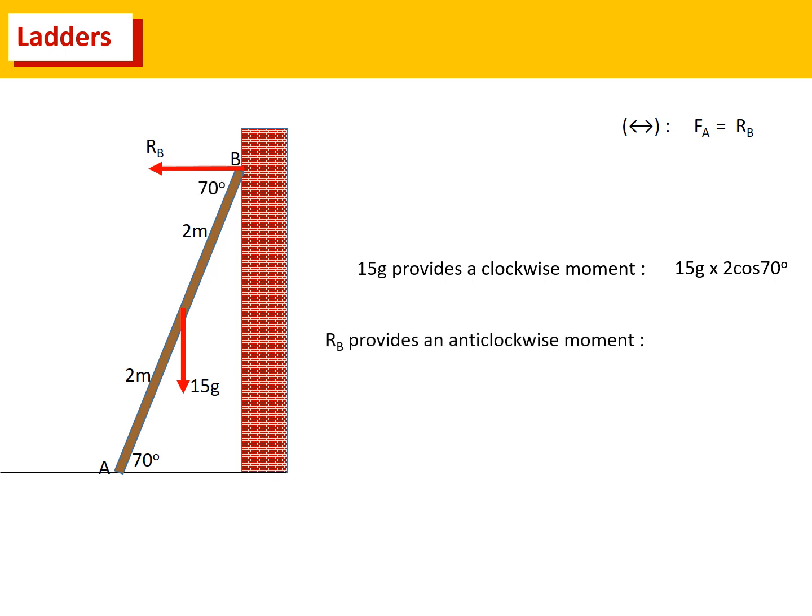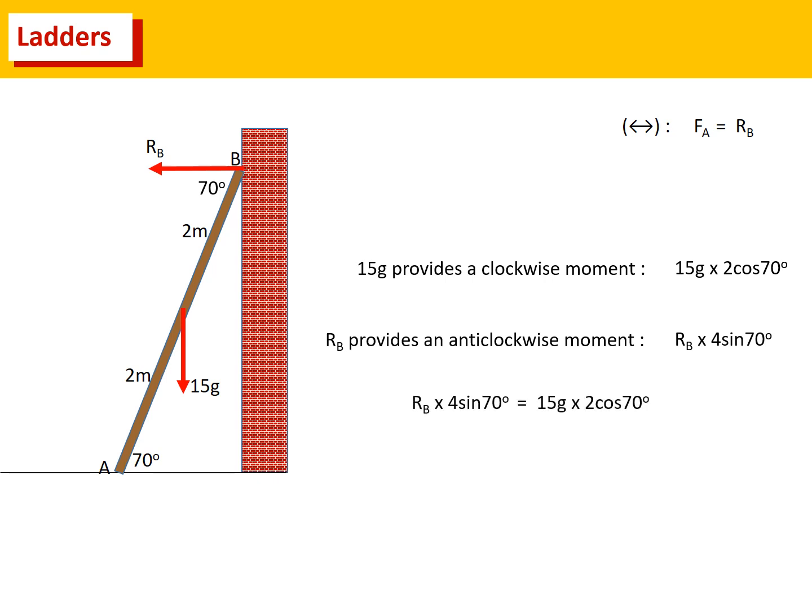Now the reaction force at B, there's the line of action of the reaction force. The perpendicular distance from that line down to point A, well, that's the blue dotted line you can see there, and that distance is 4 sin 70. Therefore, the moment provided by the reaction force at B is R_B times 4 sin 70.